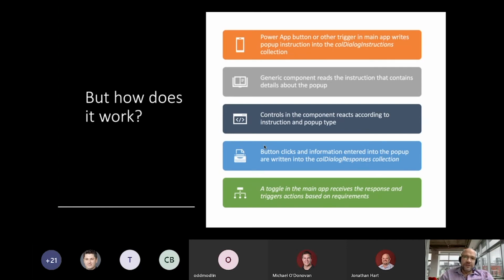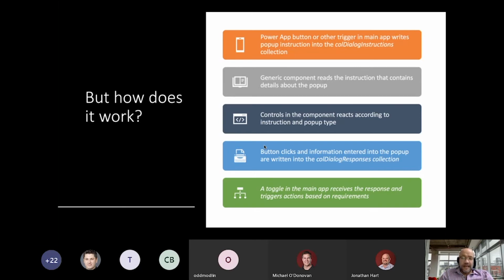So the app would issue an instruction to the component and tell the component what kind of pop-up the user is looking for. Then the controls in that component are designed in such a way that they understand what that instruction means, and then it'll show and hide the relevant things accordingly.